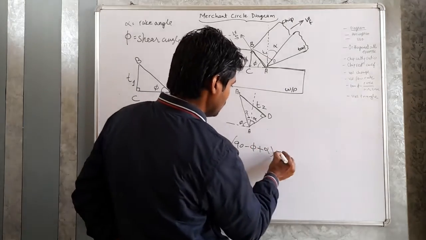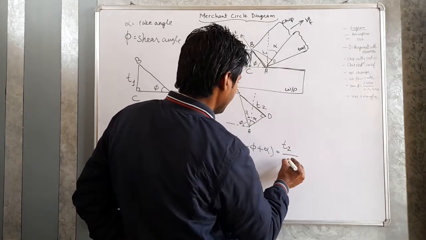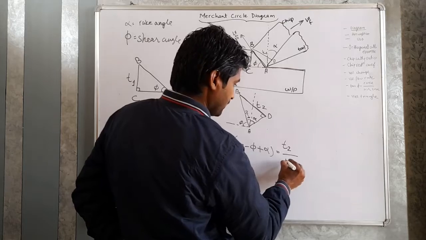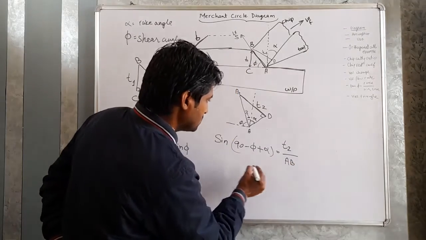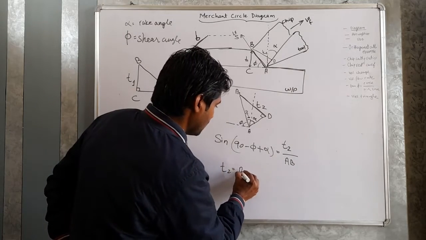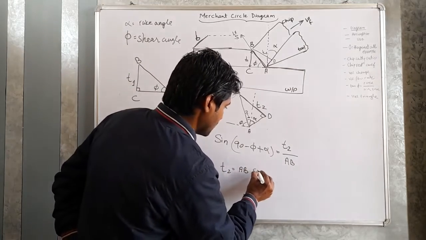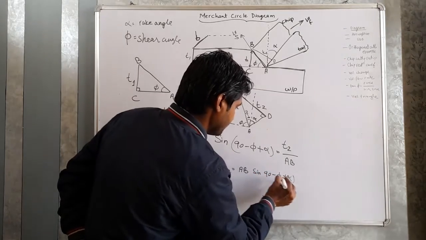It equals T2 divided by AB. So the value of T2 equals AB sine of 90 minus phi plus alpha.